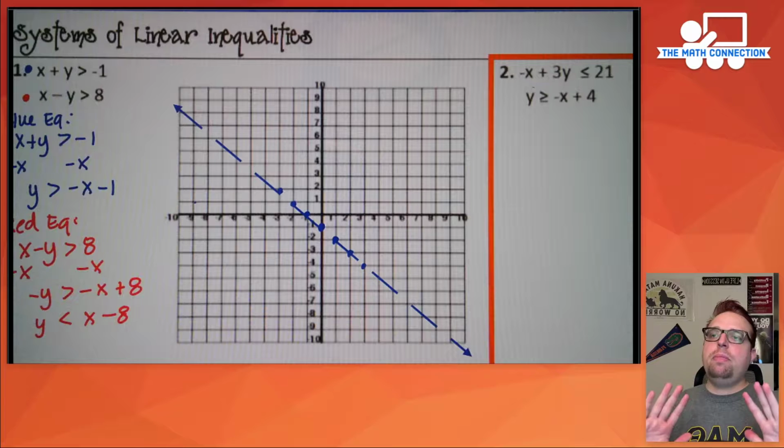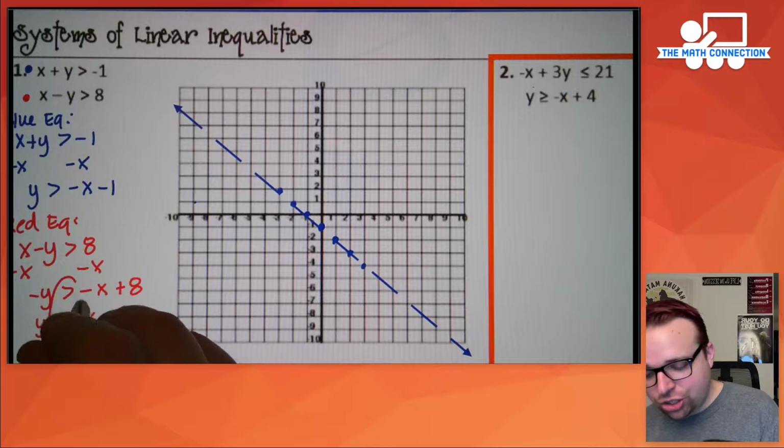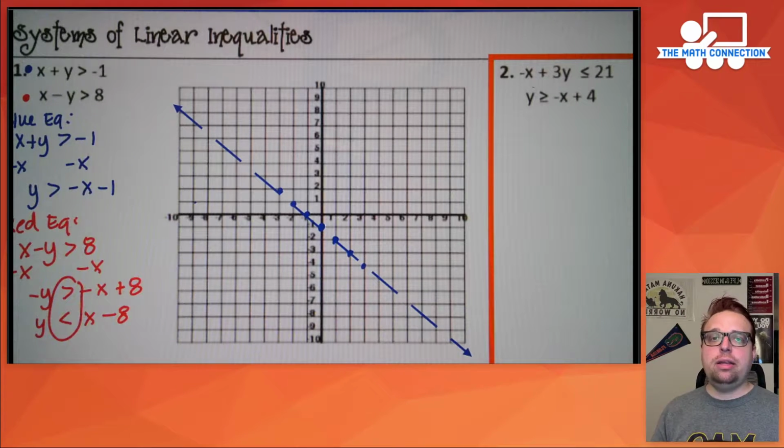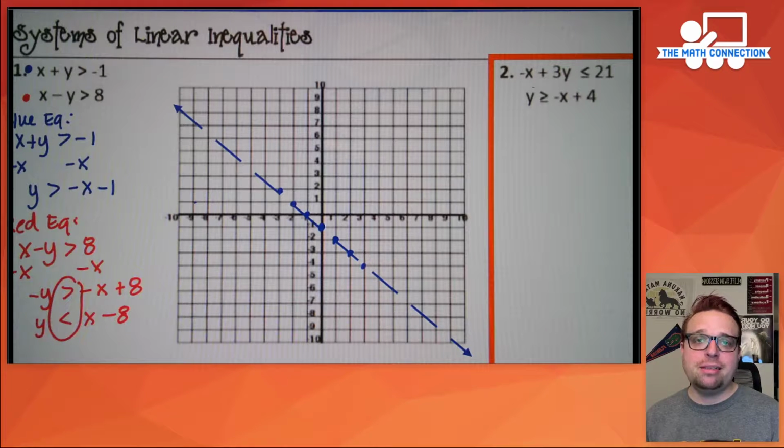Pump the brakes. Why? W-H-Y, I'm asking you a question now. Why did I change the sign of my inequality? You should remember this already from a previous lesson from when we solved inequalities. Anytime that you multiply or divide by a negative number, you have to flip that sign.